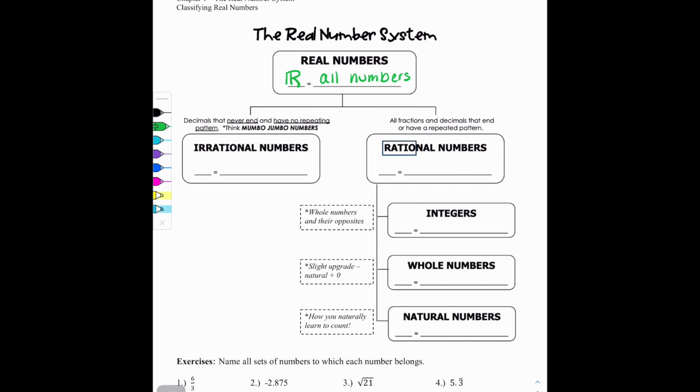Let's start with rational numbers, the one on the right. It says all fractions and decimals that end or have a repeated pattern. So let's underline end and repeated pattern. The letter Q is sometimes used for rational numbers.